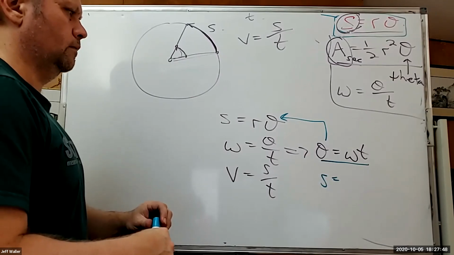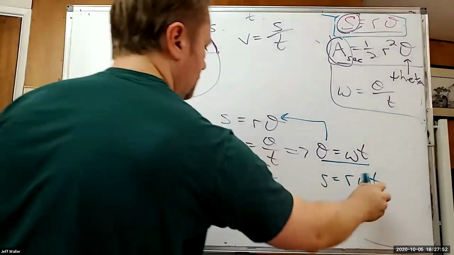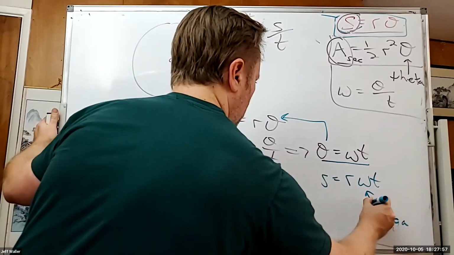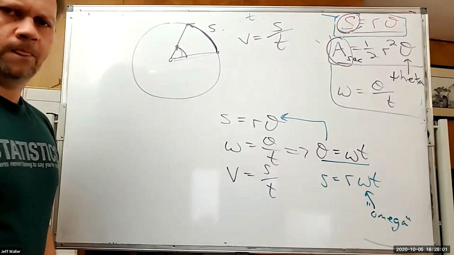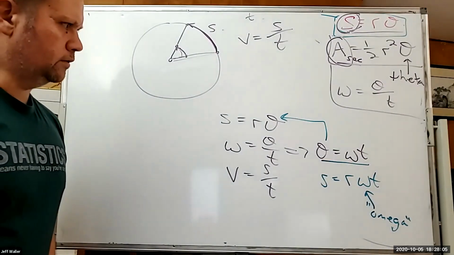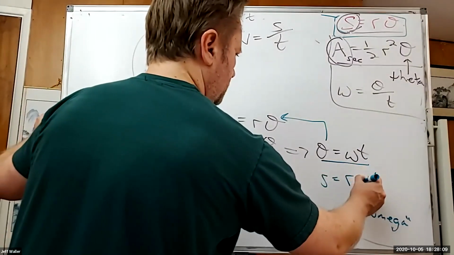X equals R times omega T. Yes, S is R omega. I'm sorry, I haven't said this yet, did I? This is omega. So R omega T. Omega is a little bit more curvy w.